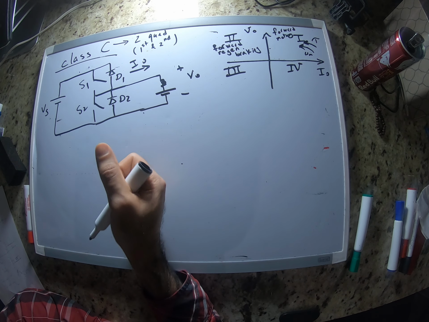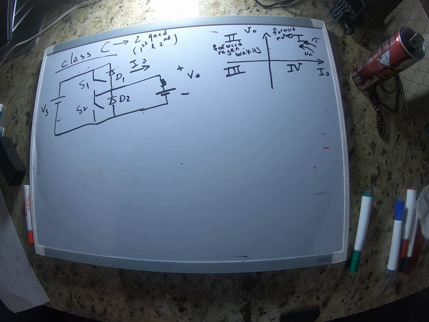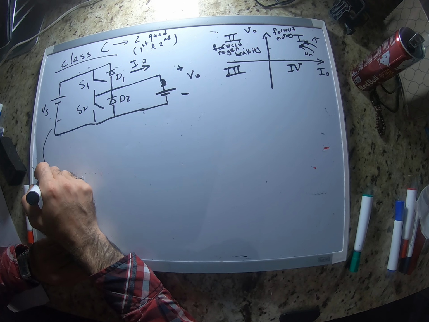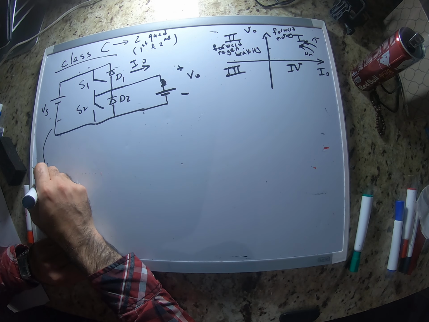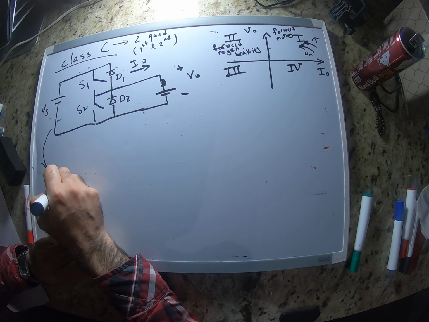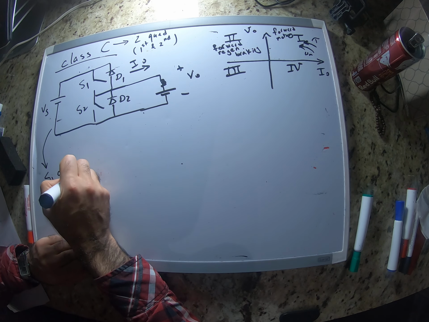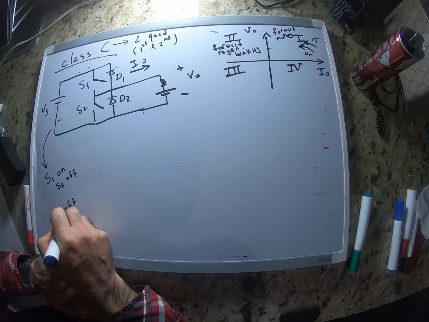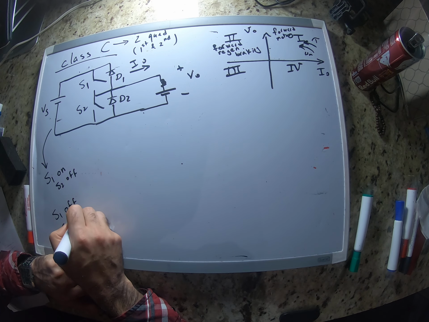So that's not desirable. Now let's see how the circuit looks like based on the status of S1 on and S2 off, and S1 off and S2 on.